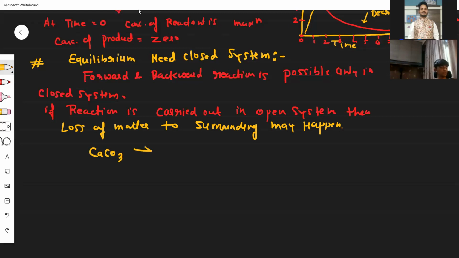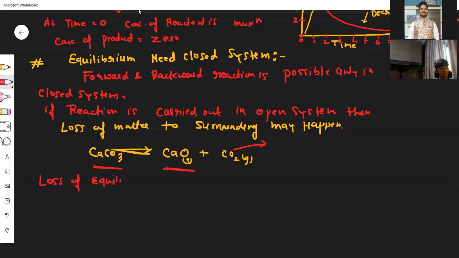If you heat it, you get calcium oxide, which is a solid, and you get CO2 gas. If the same reaction is carried out in an open container, you will find there is evolution of the CO2 gas into the atmosphere. So there is only calcium oxide left, which is not going to make an equal impact like calcium carbonate does. So there is a loss of equilibrium in an open system.